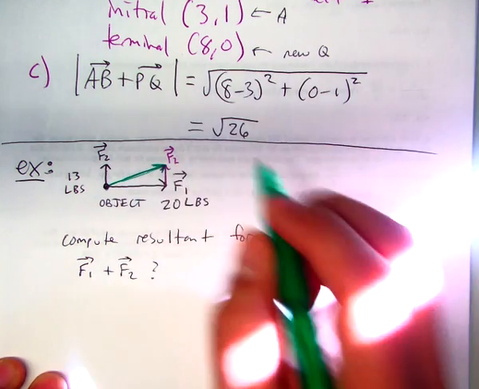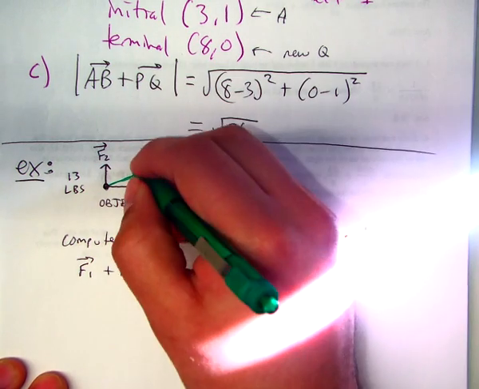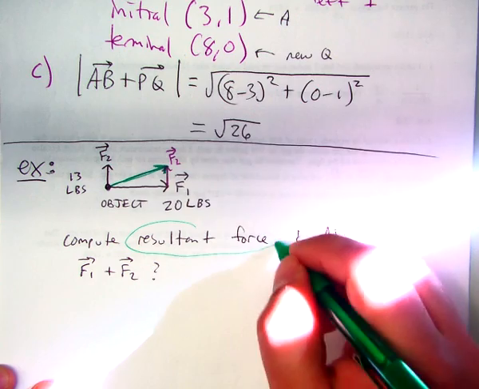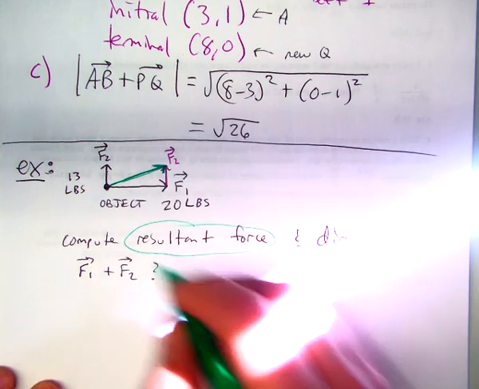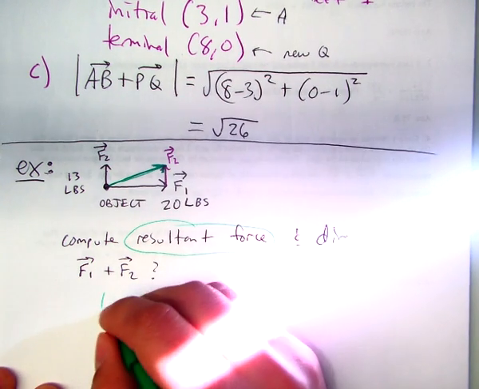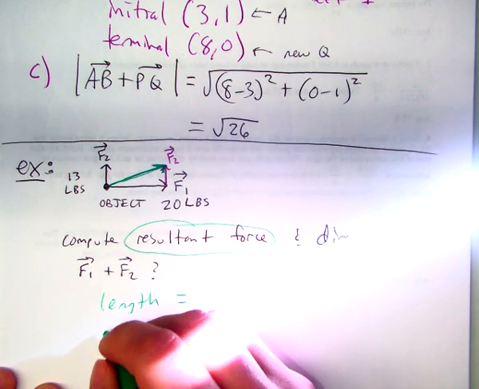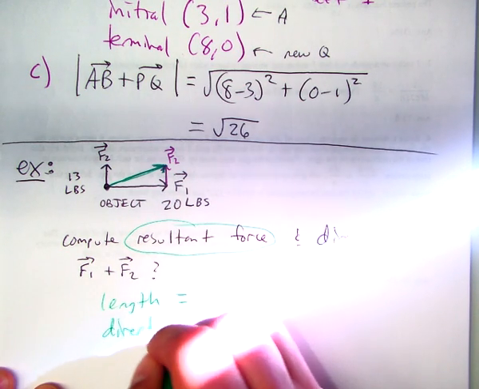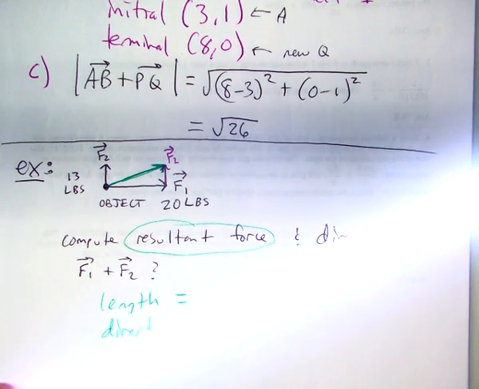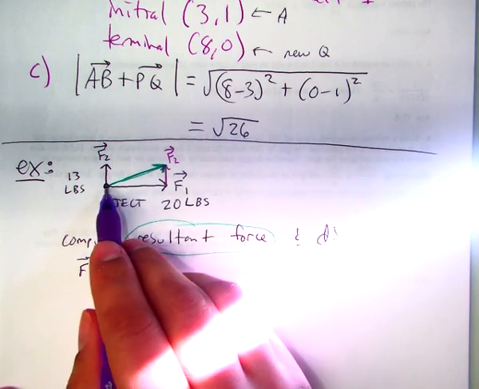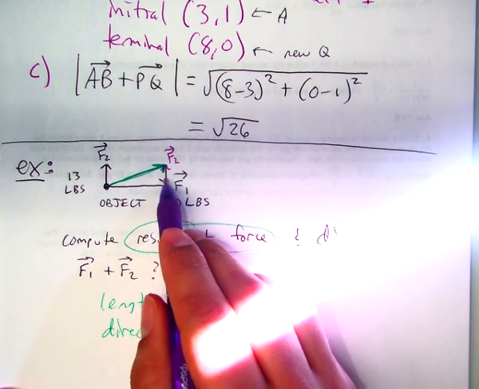We want to find out two things about this green vector. We want to know what the actual resultant is, meaning how long that green vector is, and we also want to find out a direction. Well, what do you notice here? What kind of triangle is this?